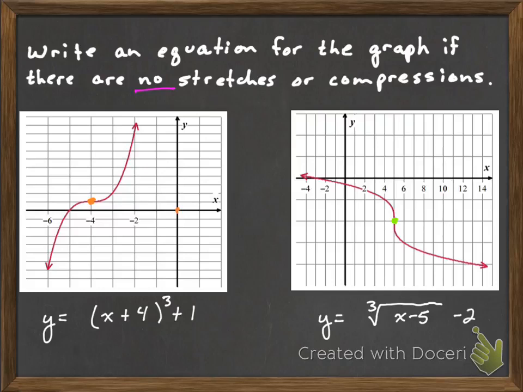There also is a reflection, and on the cube root, a reflection over the x-axis and a reflection over the y-axis will both produce the same graph. So we could put the negative on the outside, or we could put the negative on the inside. Both of those equations will produce the same graph.